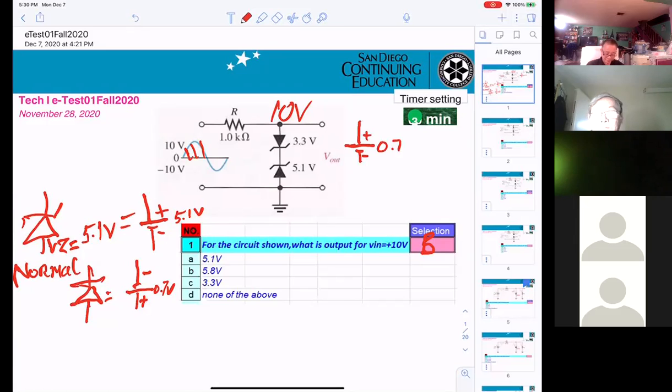In the second Zener, 5.1, it will break down, because the other side can go to the voltage. So it breaks down, then it will look like positive here, negative here, plus, minus 5.1. So you add them up, that will be B, 5.8.